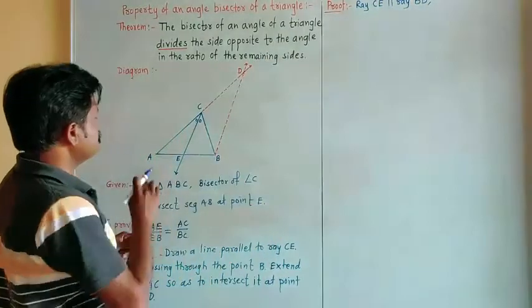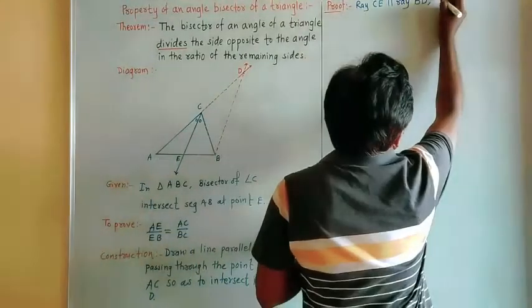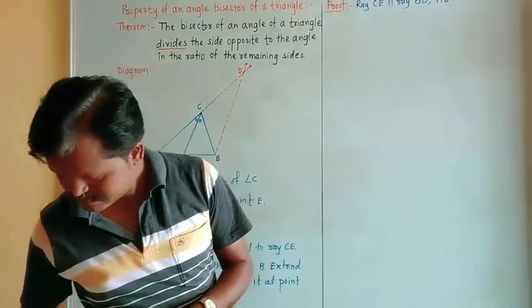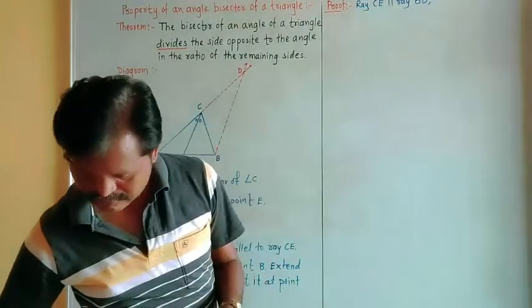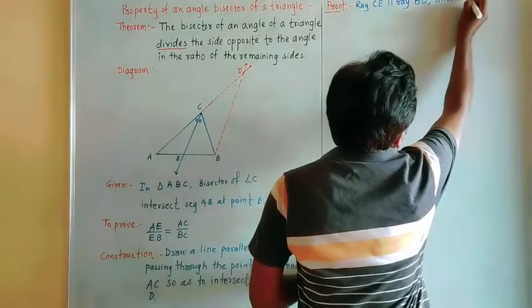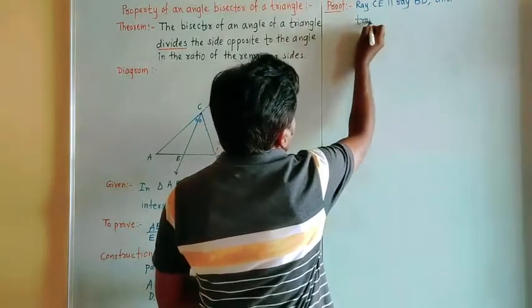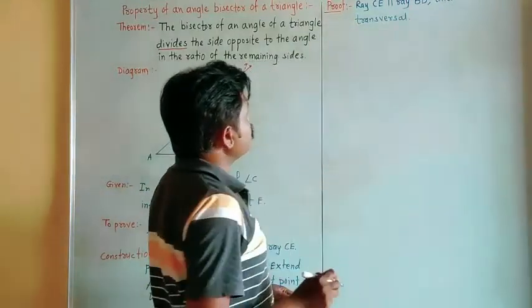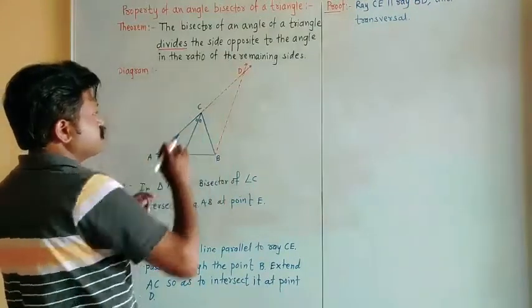And here we take AD as a transversal. Look, CE is parallel to BD and AD is a transversal.